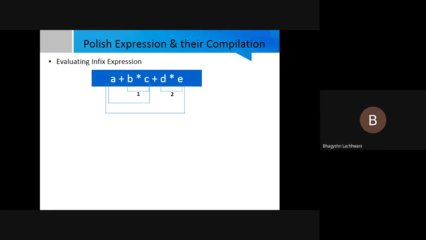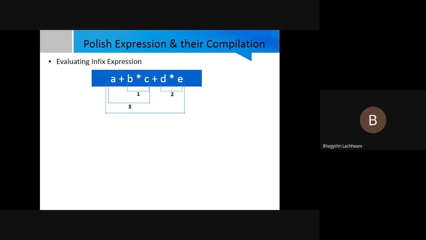Now we have the result of B into C. We have the result of D into E. So what is the next step? Now again we will go through left to right. First plus will be there. That means whatever the result of B into C is, we will add that result to A. So the third expression will be A plus B into C. Now till here we have the answer of the first half of the expression, that is A plus B into C. So what is the next step?